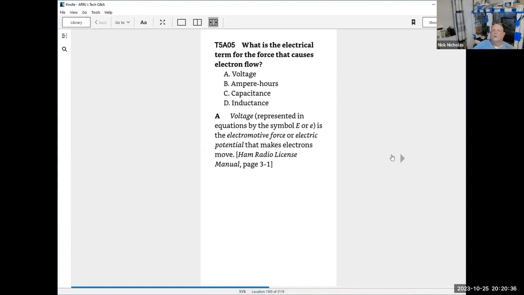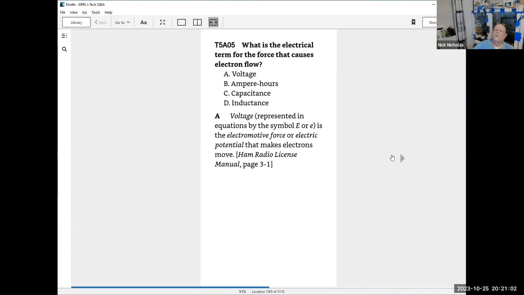What is the electrical term for the force that causes electron flow? Well, I'm going to make this simple. We have two formulas, E equals IR, the ear formula, and the pie formula, P equals EI. And the E is electromotive force.